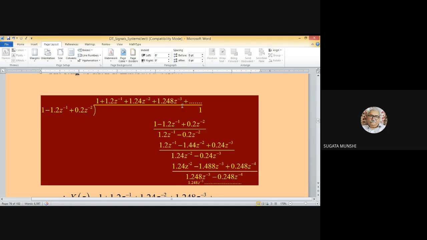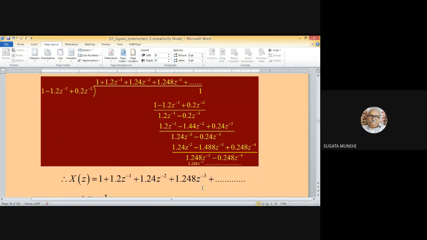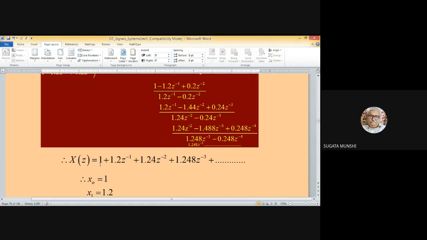All right. In this way, you can go on continuing the division. So what do you get? X(z), we know, now comes out as 1 plus 1.2 z to the power minus 1 plus 1.24 z to the power minus 2 plus 1.248 z to the power minus 3, etc.